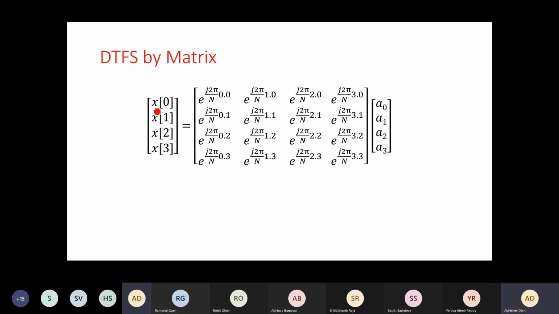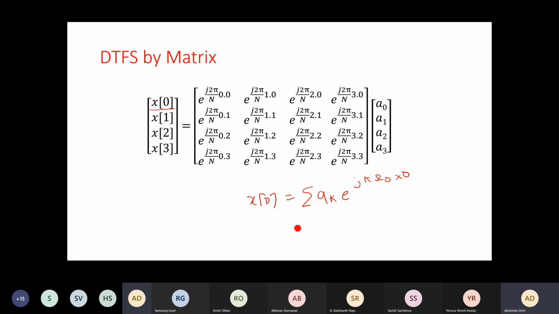If I have to compute x[0], let us look at x[0]. This was the summation of A_k e to the power j k omega naught n, with n equal to 0.